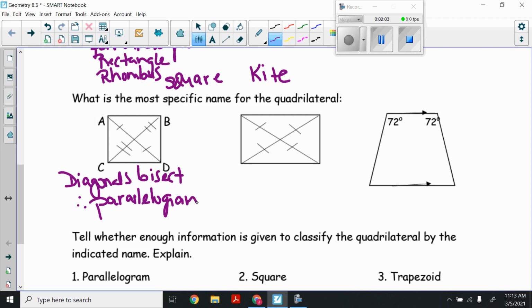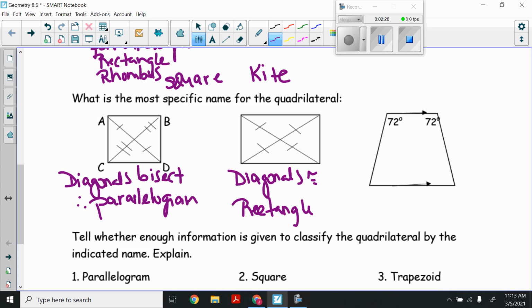The second picture, what do I have? I have that my diagonals are congruent. Well, what do I know has congruent diagonals? The very first one I know is a rectangle. The next one, what do I know?